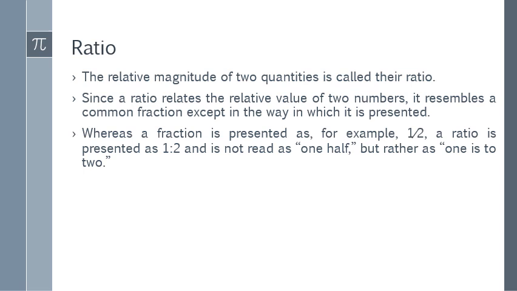In ratios, we represent the quantities by placing a colon between the two quantities. So in the ratio we will represent it as 1 colon 2, but it will not be read as 1 upon 2, it will be read as 1 is to 2.